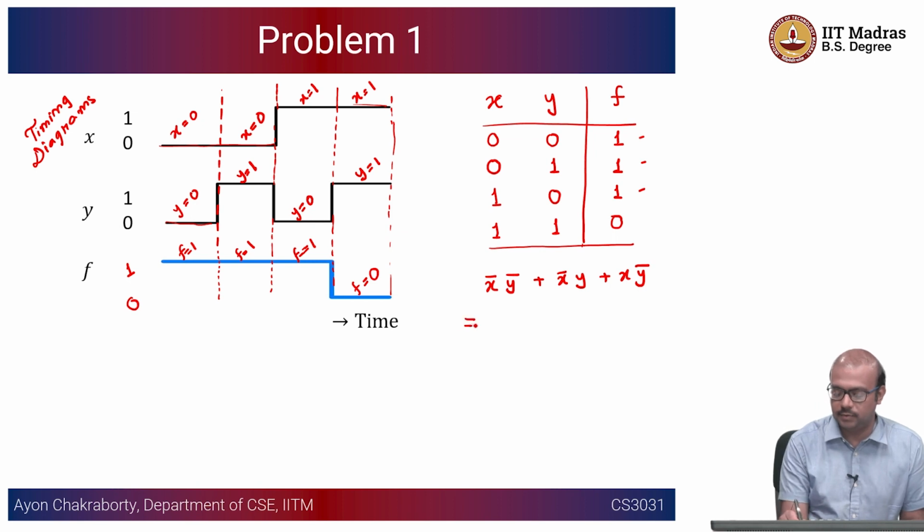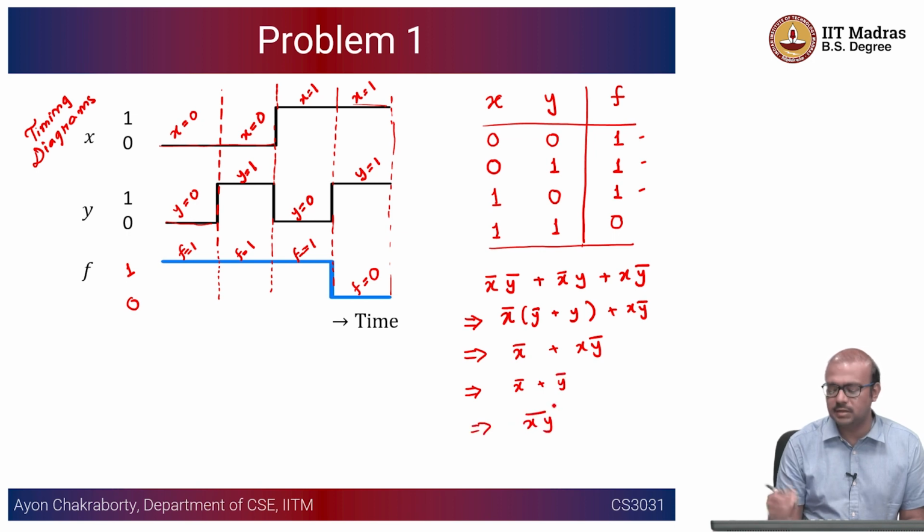You can of course use your already available knowledge of Boolean algebra and do this kind of simplification. Then you can do x bar plus x y bar, and then you can convert this to x bar plus y bar, which is again nothing but x y whole bar, which is a NAND gate.